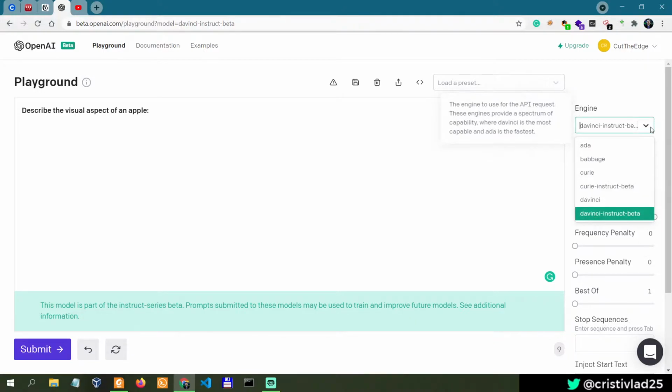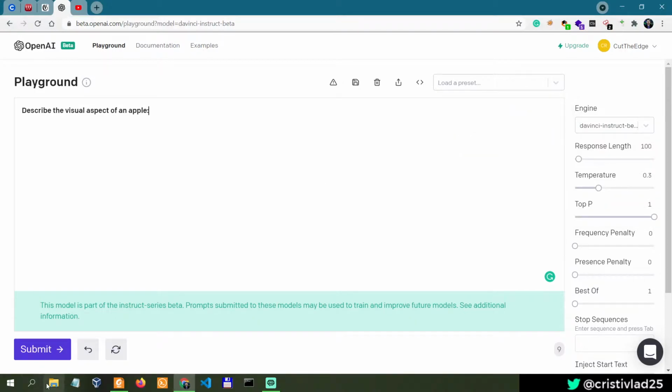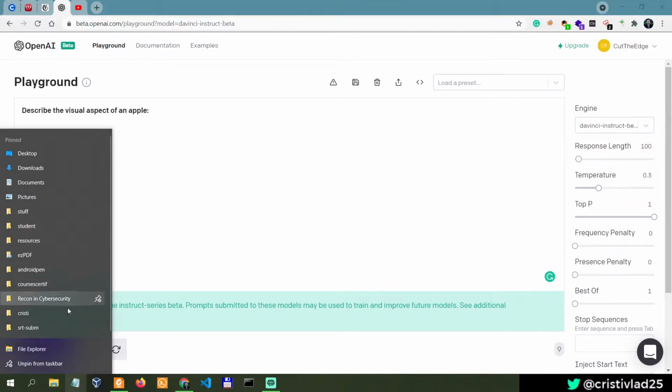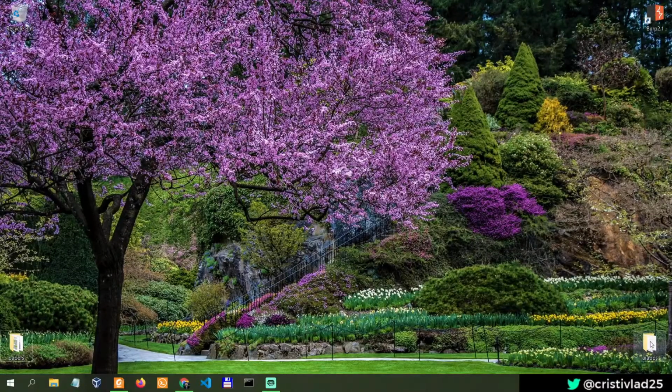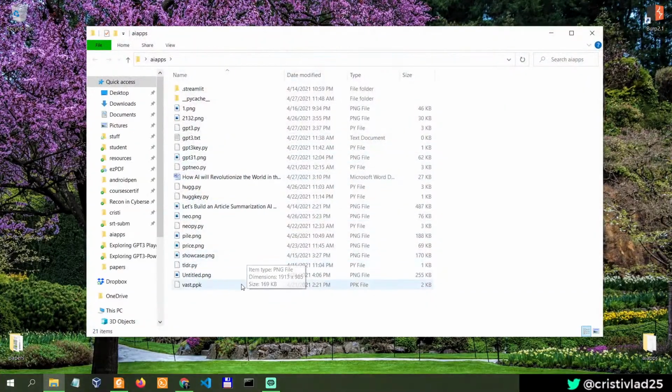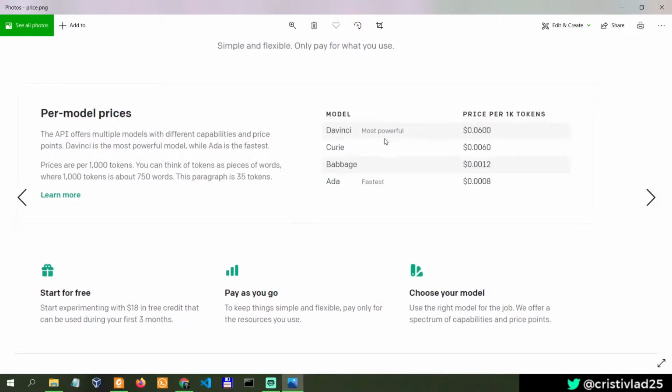So you have the engine where you select the engines, and I think I've shown the pricing. The most powerful is 6 cents per 1,000 tokens.